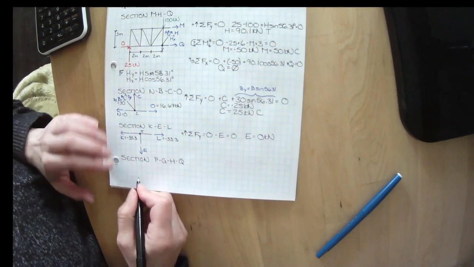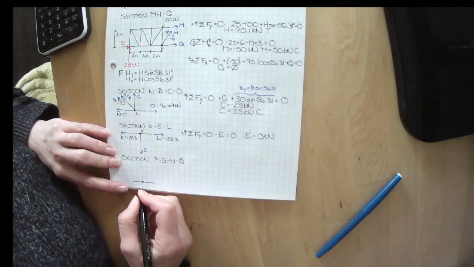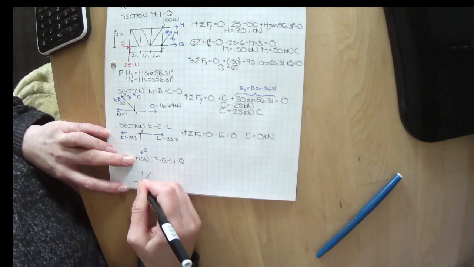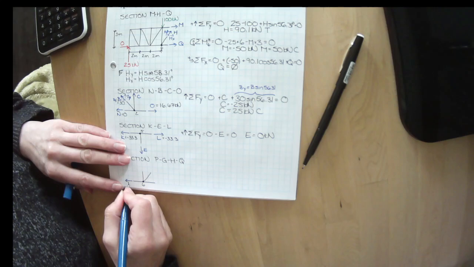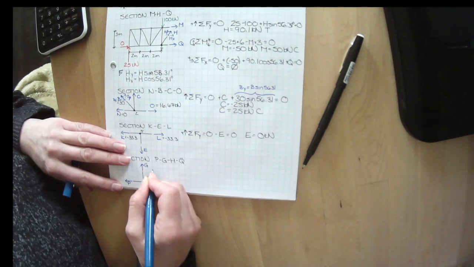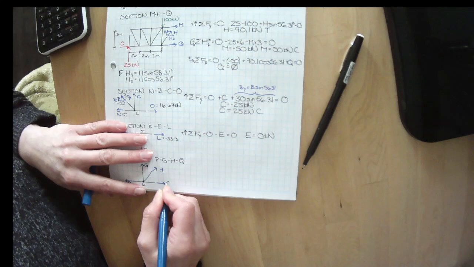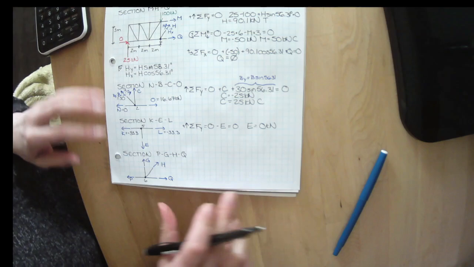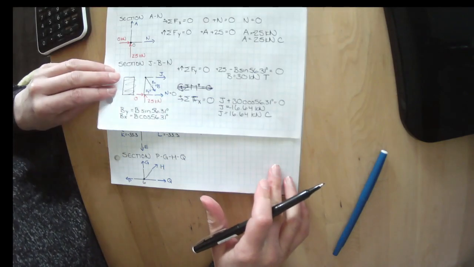So P, G, H, and Q. This is node 6. We have P, G, H, and Q. We know some of these already, so let's fill in the ones we know.